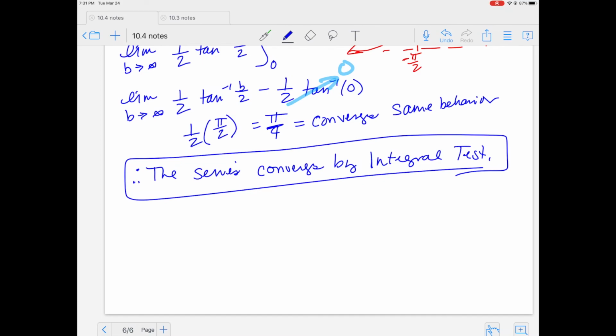If it is greater than 1, then it converges. If it's less than or equal to 1, then it diverges. And your integral test, you have to meet those 3 criteria: continuous, decreasing, positive. Then you do the improper integral to get same behavior. All right, guys.